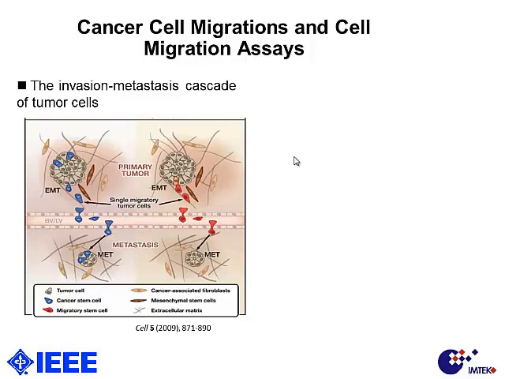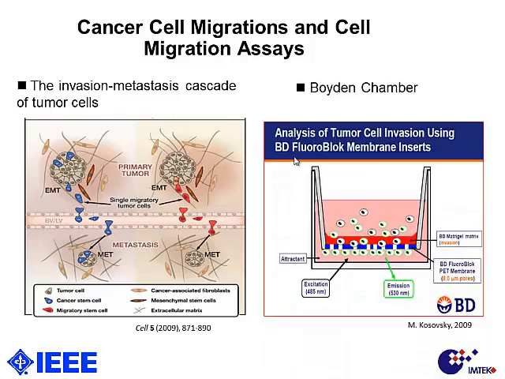There is already some equipment in the lab that can be used to detect the migration of cells. Here is the Boyden chamber, which has been used for a long time. This equipment consists of 2 compartments, the upper and the lower. In the upper compartment, they put the population of cells in the medium.